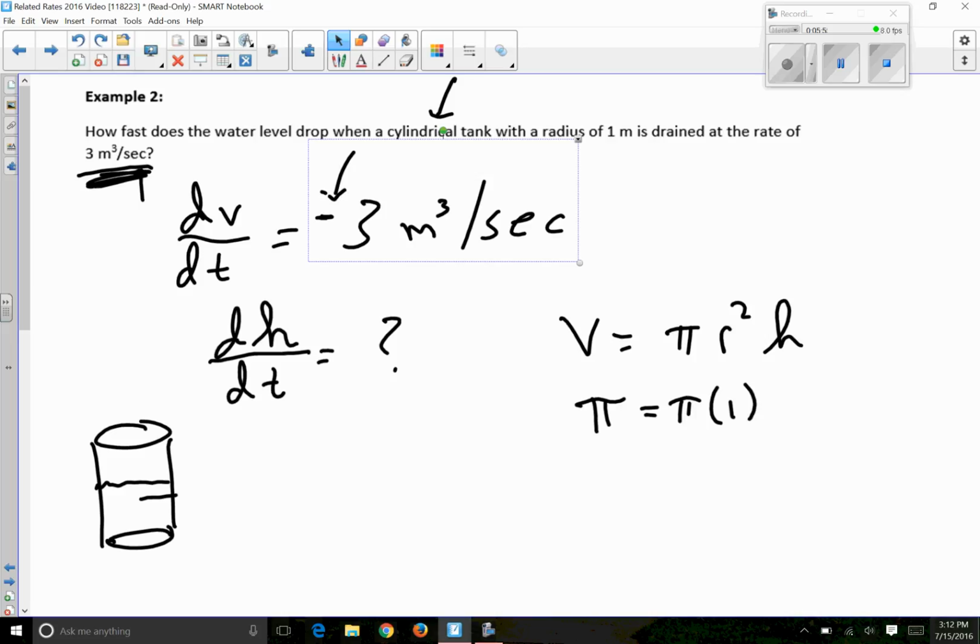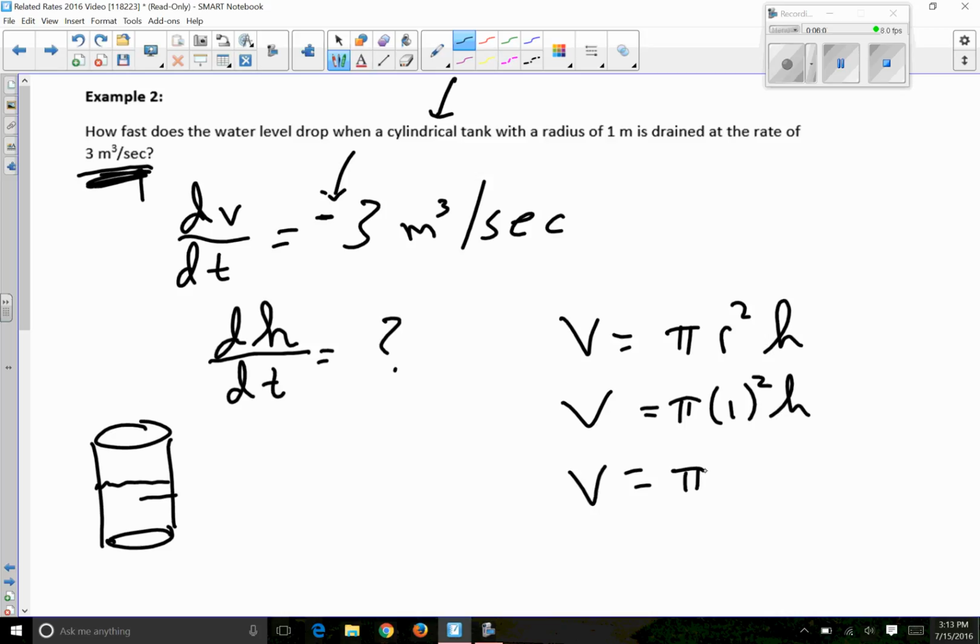It does not change. So the formula is V equals pi h. This represents the volume of the water in the tank.